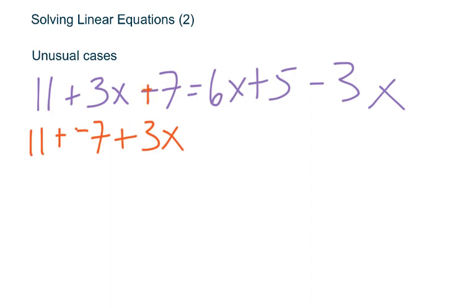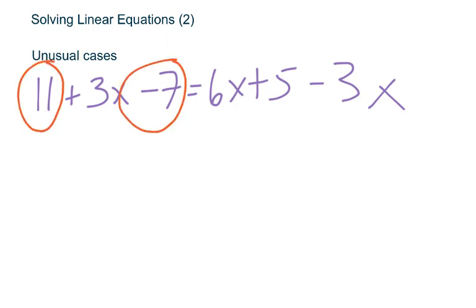So if I think of this as a plus -7, I can do 3x plus -7 is the same as -7 plus 3x. And that puts my two like terms next to each other, so I can clearly see that it's 11 plus -7 or 11 minus 7. If that kind of threw you off a little bit, then don't try to do it, okay? I didn't want to confuse anybody with that. I just wanted you to see the commutativity property at work.